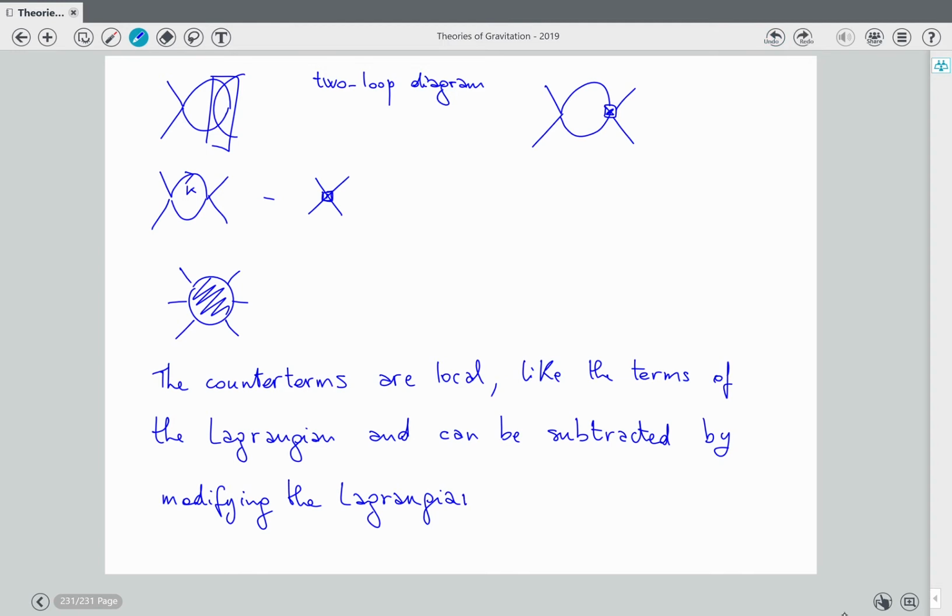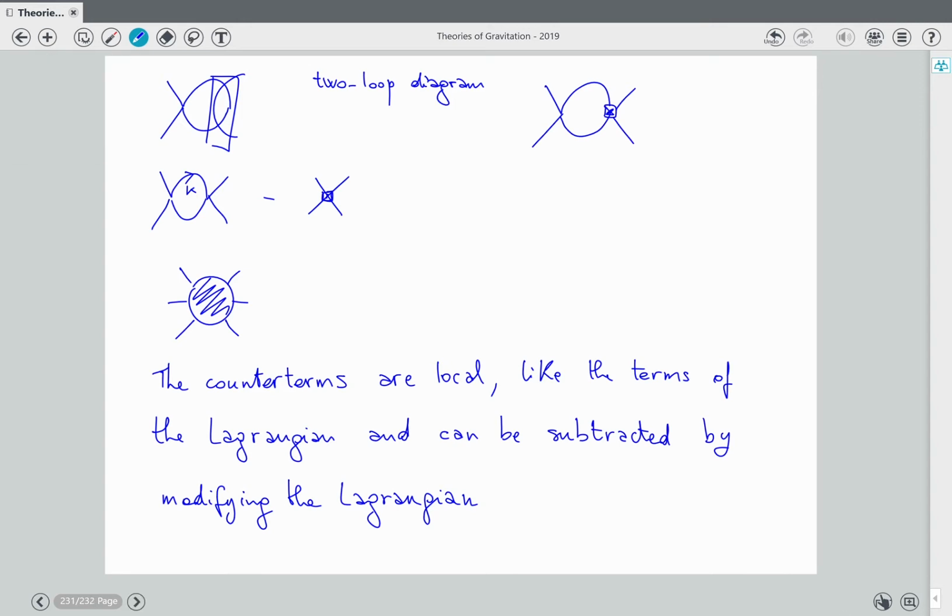Point is that we can perform a number of unobservable operations only if we redefine the ingredients of the Lagrangian we started with, the coupling constants and the fields. But if we add a totally new term that was not there, that's not a redefinition. It's not an unobservable thing.